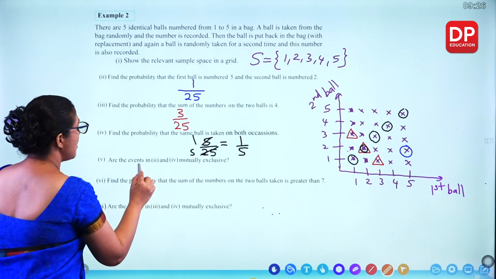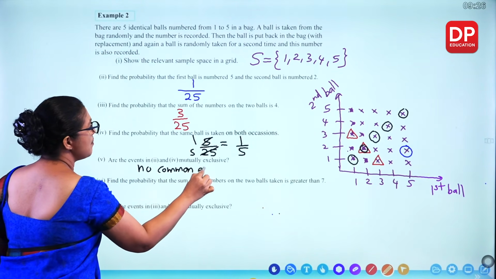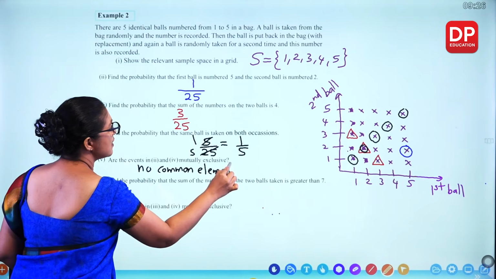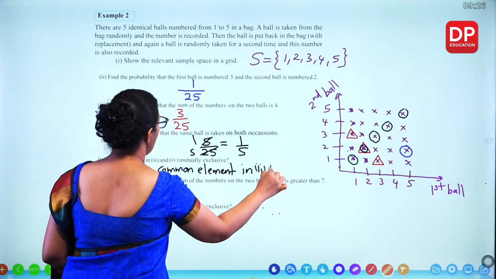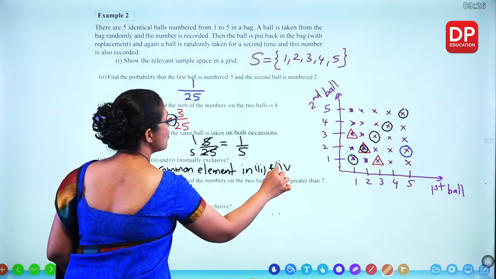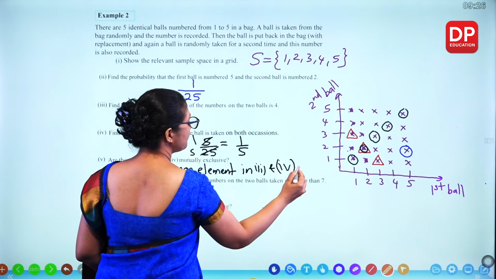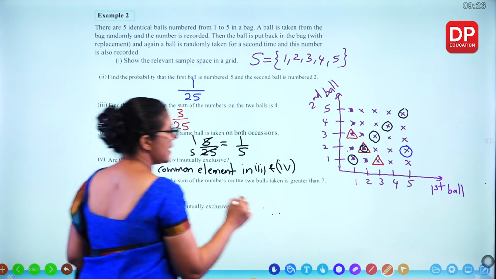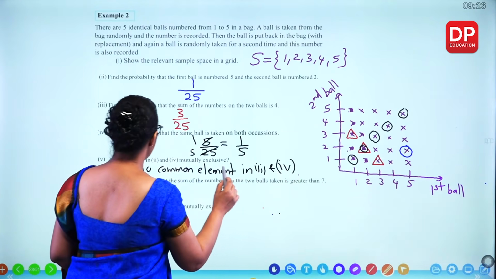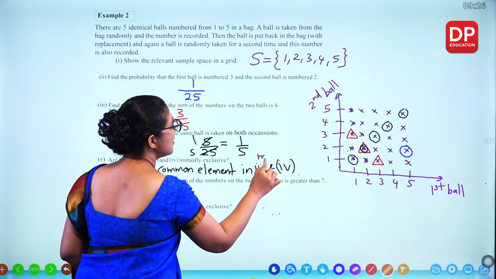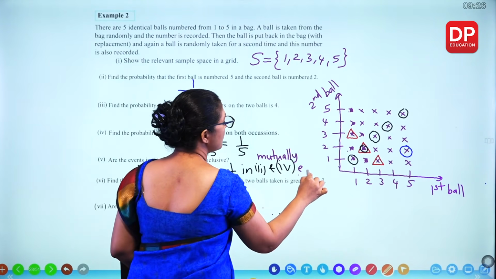So here we can write no common elements in 2 and 4. Therefore, mutually exclusive.